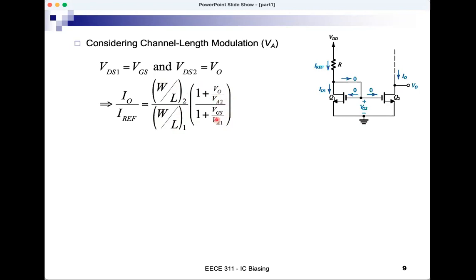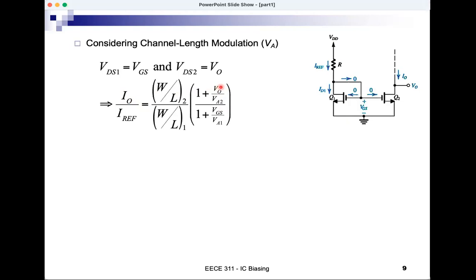These are constants. VGS is determined by the left half of the circuit, so that's fixed. But this is really annoying. Because of channel length modulation, the output current depends on the voltage at the output node.